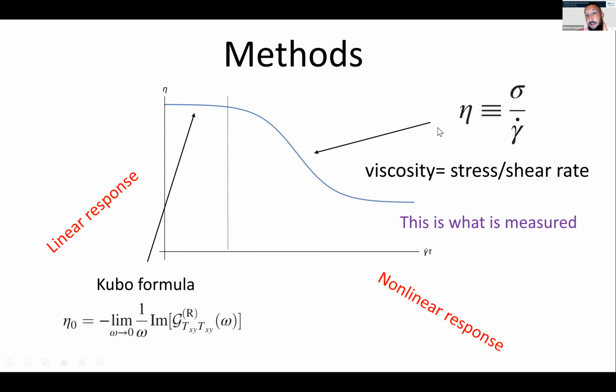What you can see here is that this definition obviously reduces to the usual definition when the system is linear. If the stress is just linear in gamma dot, then the relation is sigma equals eta gamma dot, as I explained at the beginning, and then eta is just eta 0. But when it becomes non-linear, the stress itself is not linear in gamma dot anymore. It becomes a non-linear function, and therefore the viscosity itself becomes a non-linear function of gamma dot. This is the definition that we will use, and we choose it because this is what is actually measured.